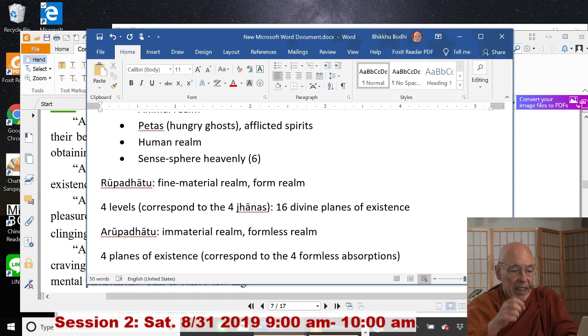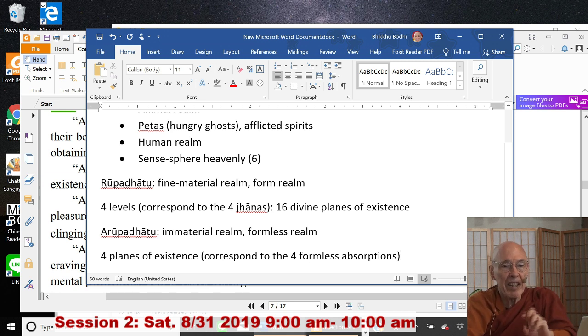And so a meditator who masters the formless absorptions, one or another of the 4 formless absorptions, is creating the conditions for rebirth in the immaterial realm.